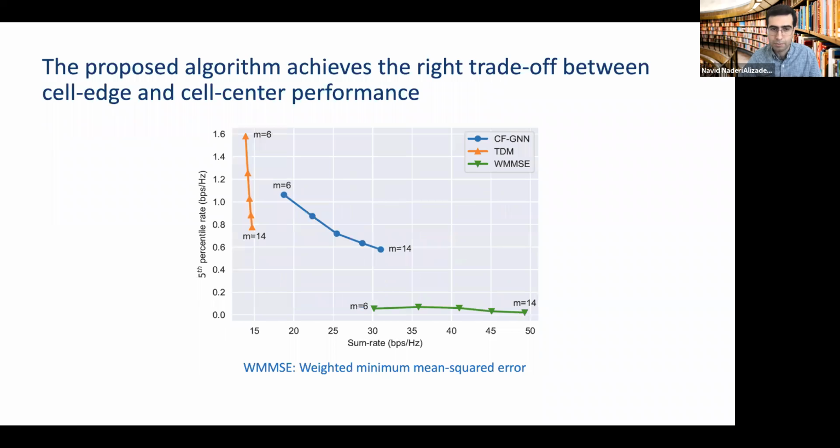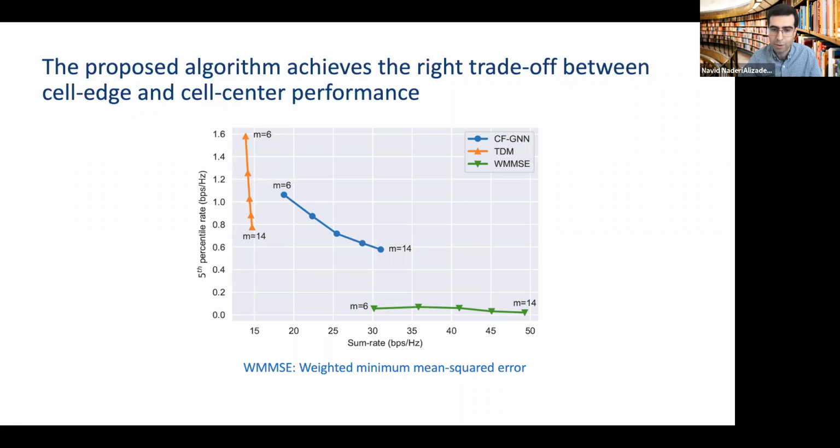And in terms of the final performance, again, looking at the trade-off between them, on the one extreme, we have TDM, which gives us a good 5th percentile performance, but performs very badly in terms of sum rates. On the other extreme, we have this WMSE approach, which is an improvement over, again, full reuse.